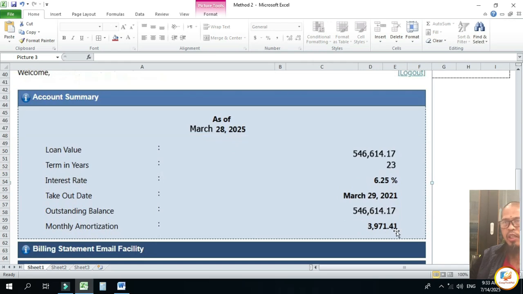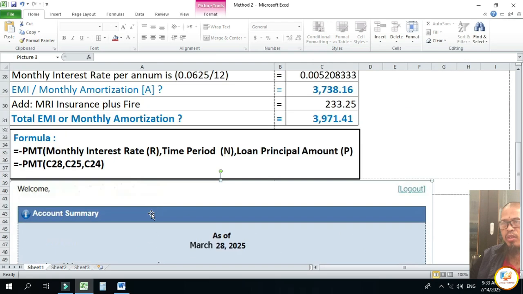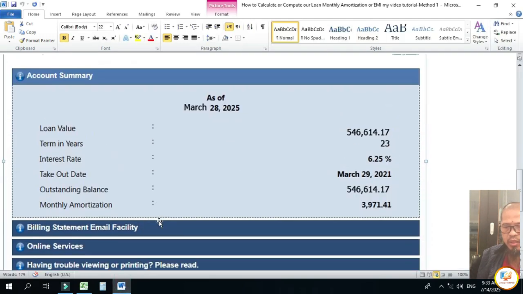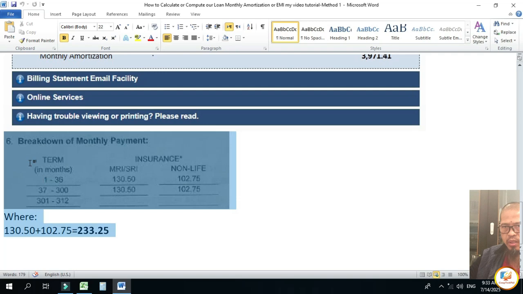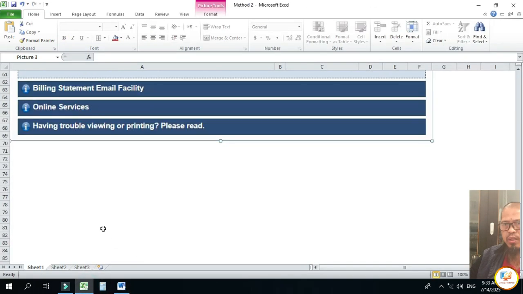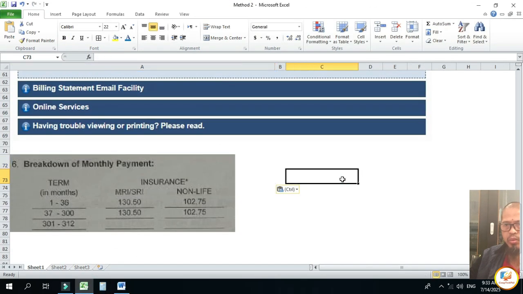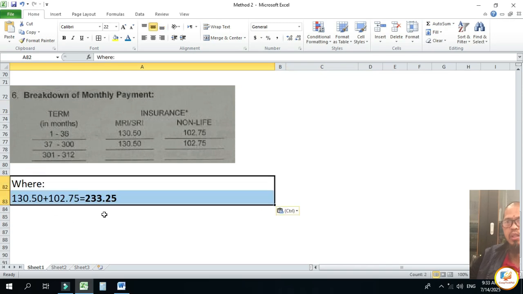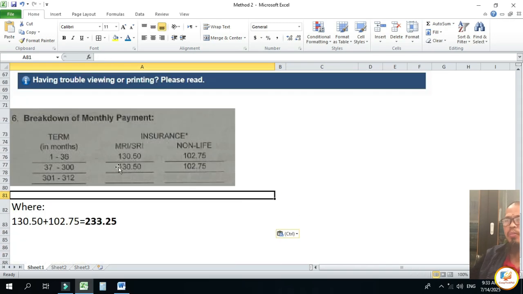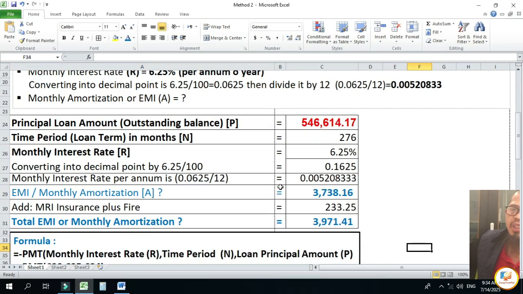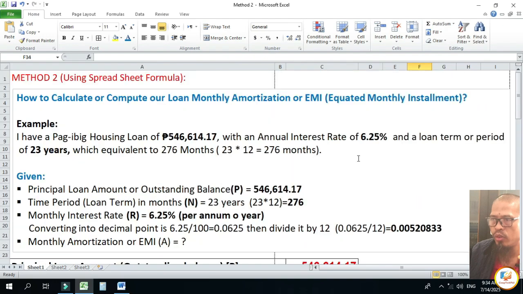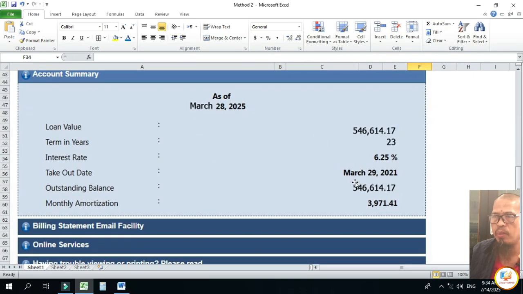My monthly amortization is the same based on our computation. We also have fire insurance here, plus this my insurance. Okay guys, it's very easy to compute. Method 1 and method 2 are both accurate based on my actual Pag-ibig housing loan in the Philippines.